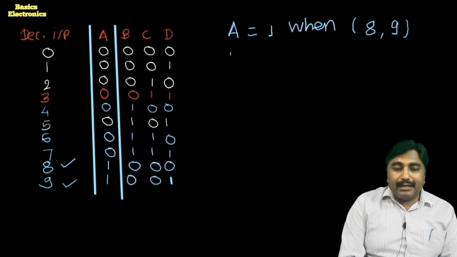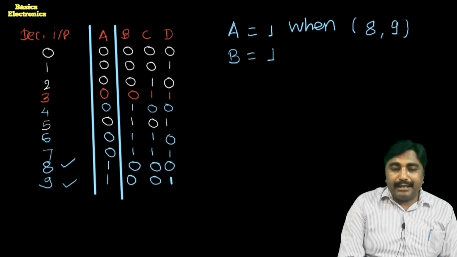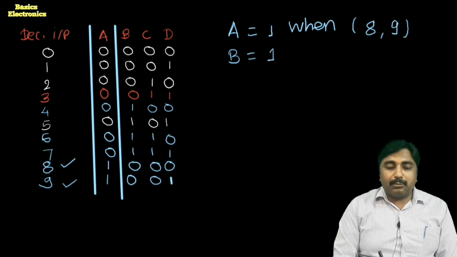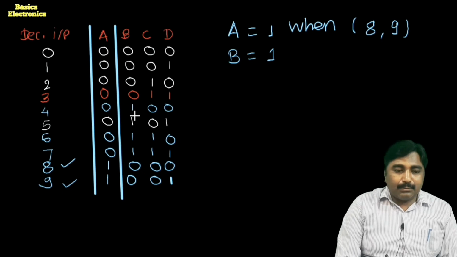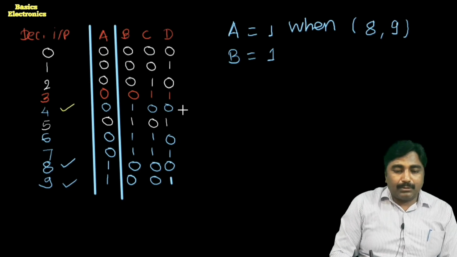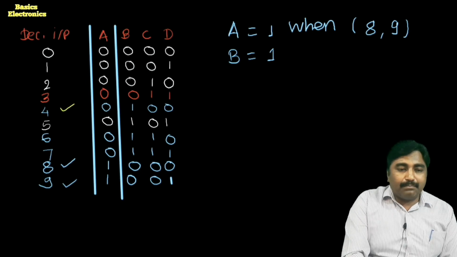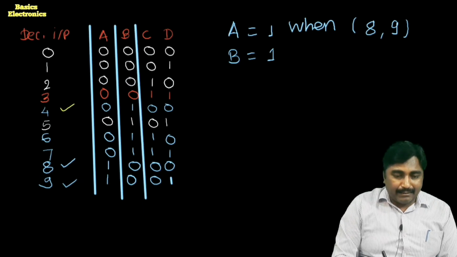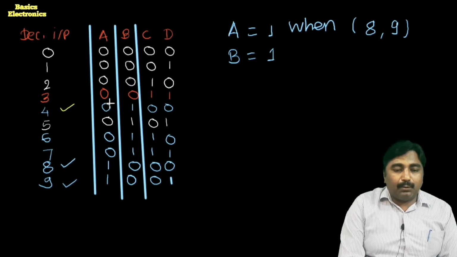Okay. B is equal to 1. B is the output of the second gate. So B is equal to 1 when the switch number 4 is pressed. See here the output, switch number 4 is pressed. Here I am going to draw a vertical line. So if switch number 4 is pressed, then its output is equal to 1.